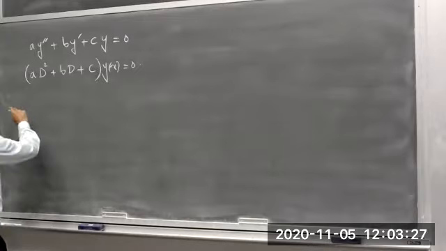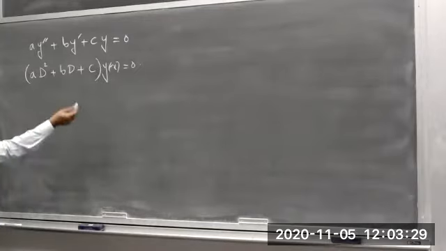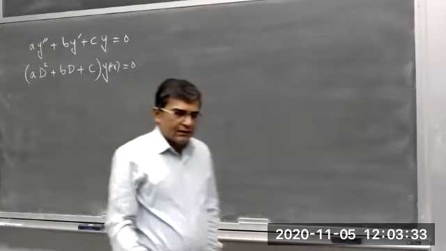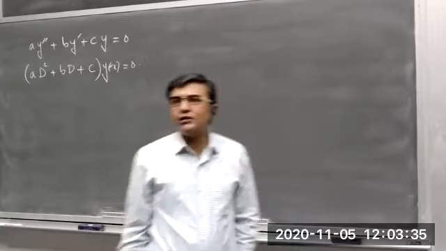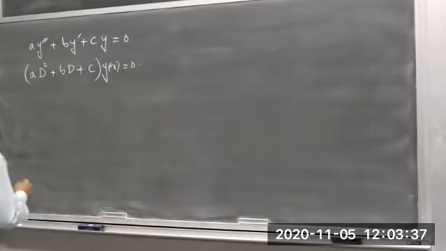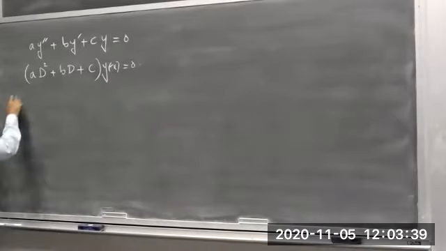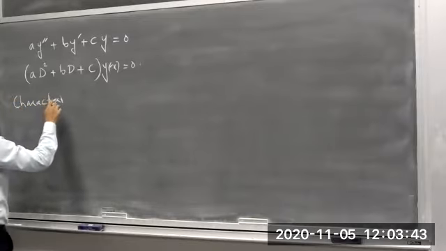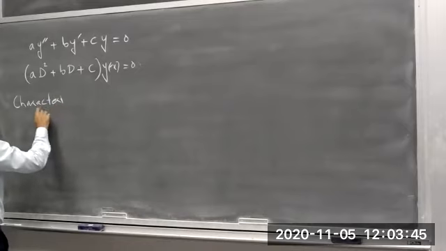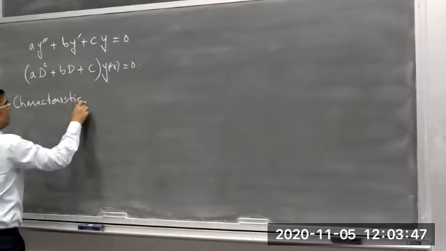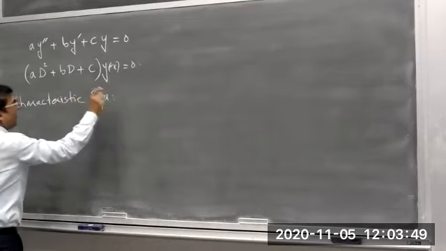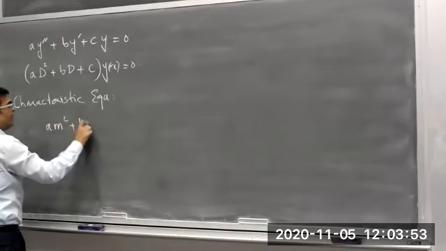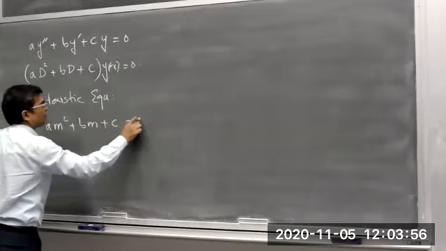First of all, we shall write the characteristic equation. I hope you know how to write the characteristic equation. If someone doesn't know this, you can see my previous lecture. The characteristic equation, or we call it auxiliary equation, is written as a m square plus b m plus c is equal to 0.